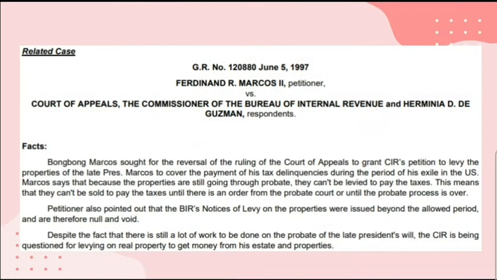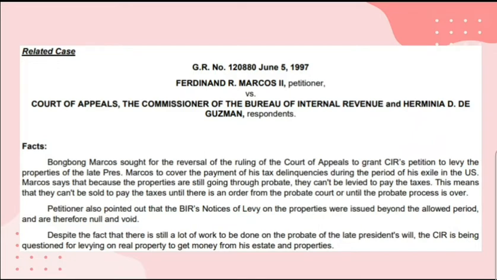Bongbong Marcos asked the Supreme Court to overturn the Court of Appeals decision to approve the CIR's petition to tax the late president's possessions, requiring Marcos to repay the cost of his tax debts when he was in exile in the United States. According to Marcos, the properties can't be levied to pay the taxes since they're still in probate.